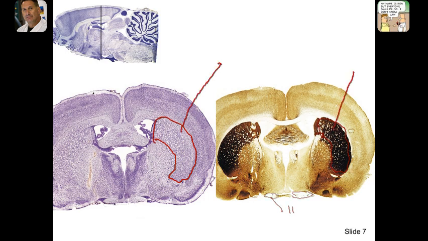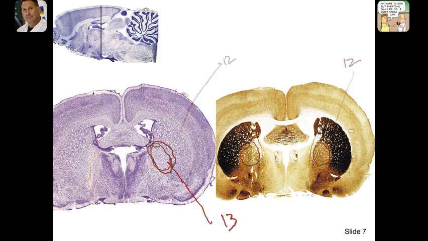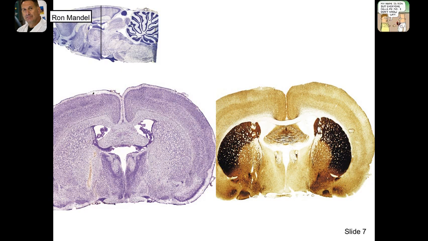And we have the globus pallidus. And right here, we have the nucleus basalis.